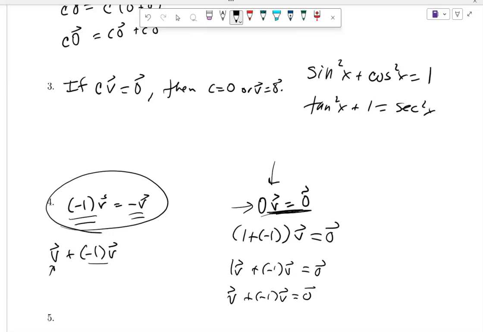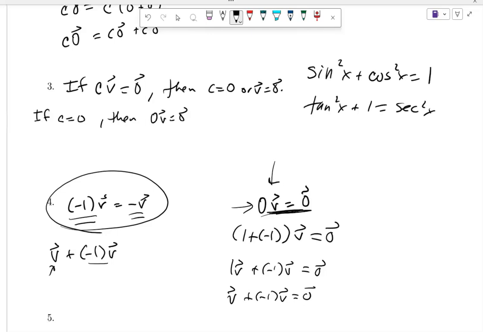Just to go through this proof real quick, because I know you all love proofs. It's part of the point of this class is to do proofs. The reason why I want to do this one in particular is because it illustrates a proof technique. Well, certainly, the conclusions are either C is 0 or the vector is, right? Well, certainly, if C is equal to 0, then I have 0 times V is equal to the 0 vector.